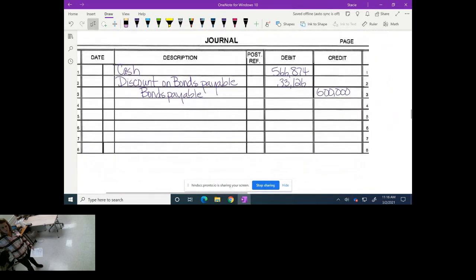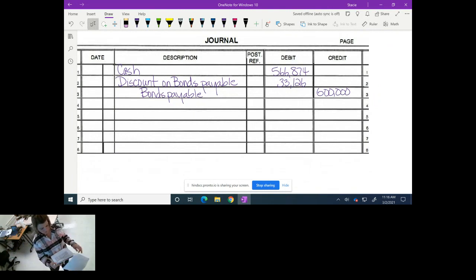All right, so what this is going to look like. Back to the page. This is your first interest payment. You're going to debit interest expense.